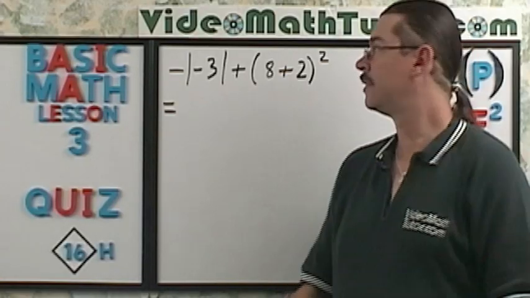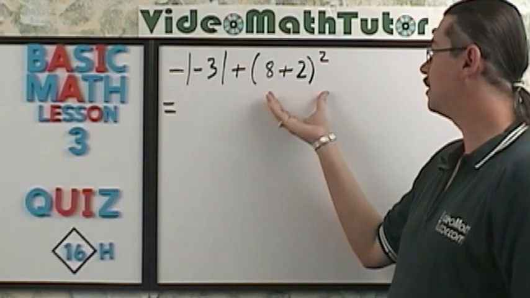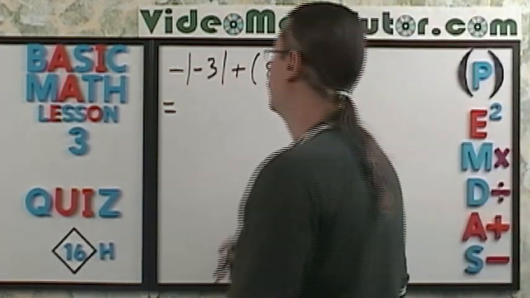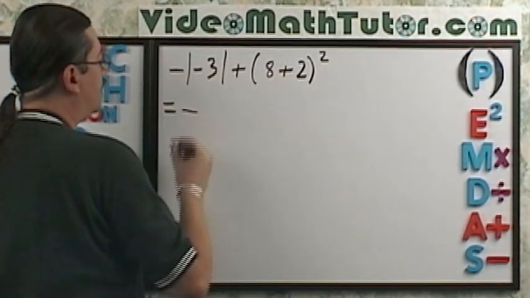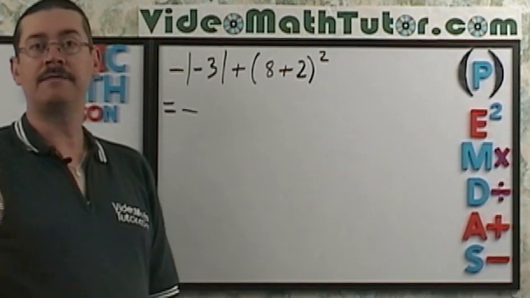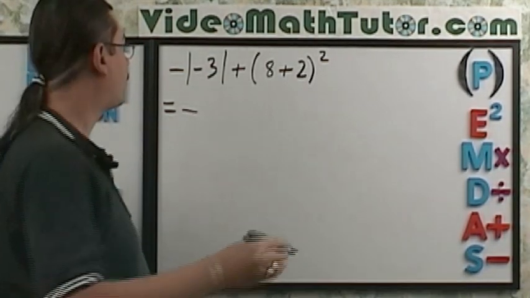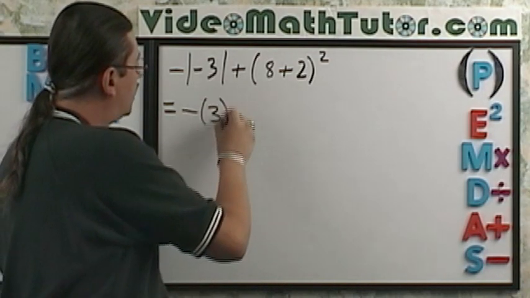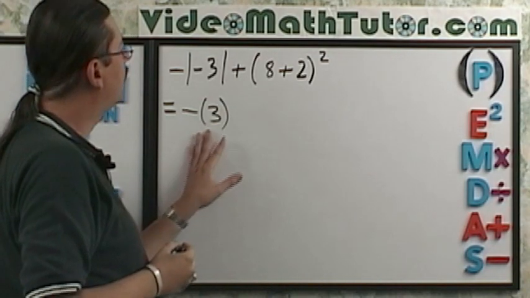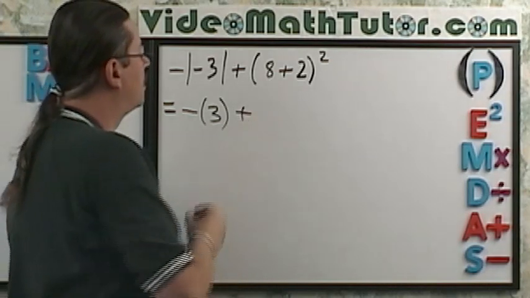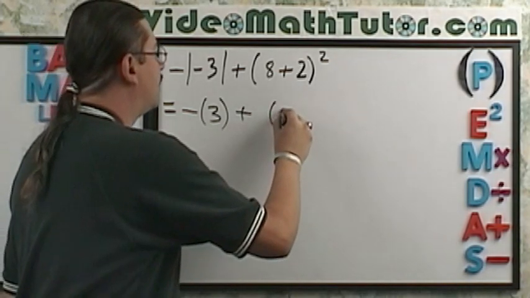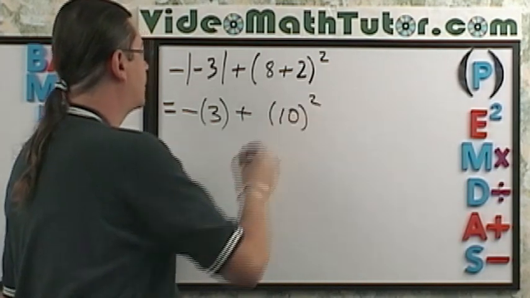Part H. We have grouping symbols here, grouping symbols here. Let's actually do both, going from left to right. So the outside negative stays. The absolute value of -3 is just 3. Again, I'll just put it in parentheses just for clarity. Plus 8 plus 2 is 10 squared.